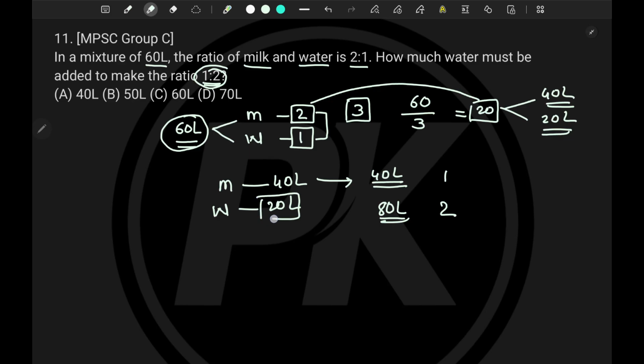But right now the water quantity is 20 liters. Then how much do I need to add? 60 liters. The logic is very straightforward and simple. Now tell me which option is correct. Option number C is correct. Let's move to the next problem.